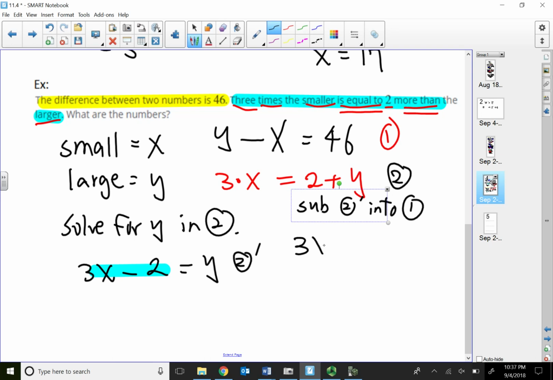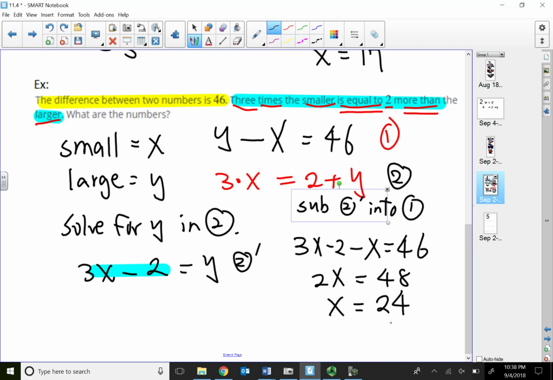I'm just going to simply write 3x minus 2, because if I put it in parentheses with a positive 1 in front, after I do a distribution I still have 3x minus 2. Minus x equal to 46. All right, let's solve for x. 3x minus x is 2x, equal to negative 2 going over becomes positive 2, that's 48. Divide both sides by 2. My answer is 24. So the small number is 24.